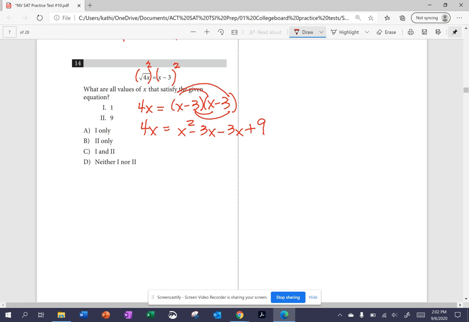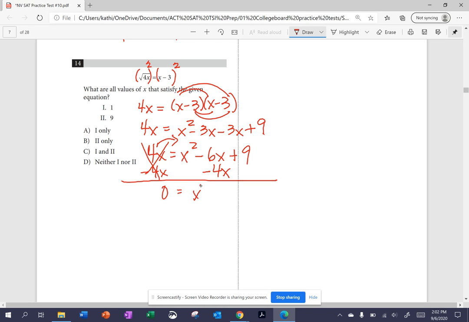I'm going to combine like terms: 4x equals x squared minus 6x plus 9. I'm going to move this term to the right side so I can factor. I need my equation equal to 0. So minus 4x, minus 4x. So I get 0 equals x squared minus 10x plus 9.